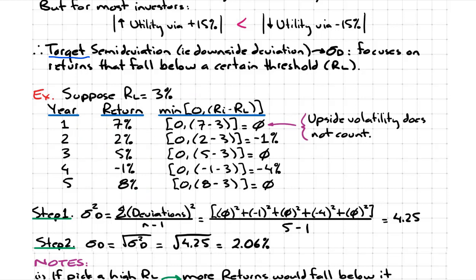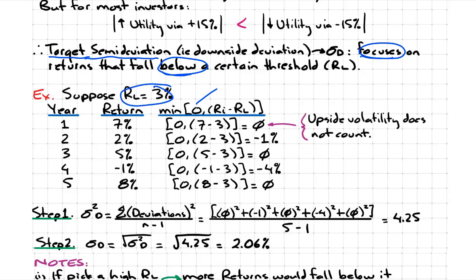And the way we calculate deviation is as follows. If you are above the target, then you don't count. Why is that? Because target semi-deviation only focuses on returns that fall below. So we're not interested in the data points that lie above the target.